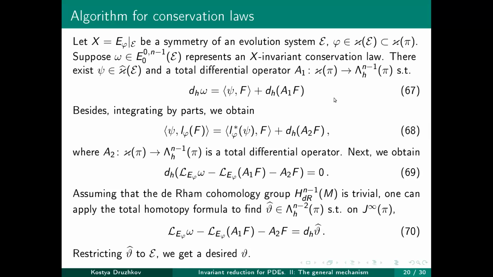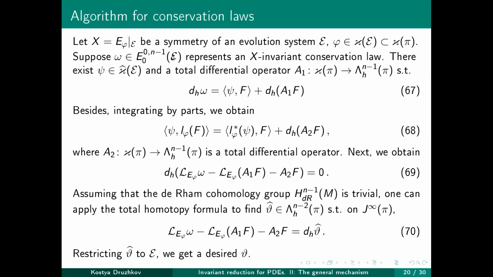Yeah, an algorithm for conservation laws is based on the following observation. Let x be a symmetry of an evolution system. Suppose omega represents an x-invariant conservation law. Then there exists a characteristic, or a cosymmetry, and a total differential operator such that we have the following decomposition. We apply d_h to omega because omega is a horizontal n-1 form in this case, right?